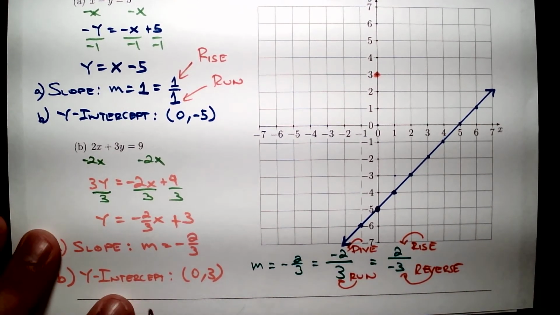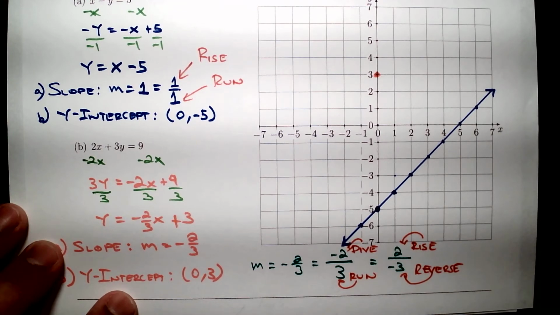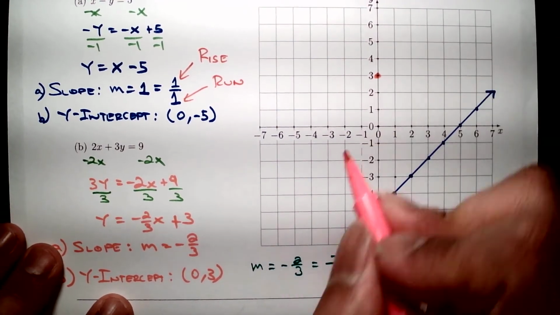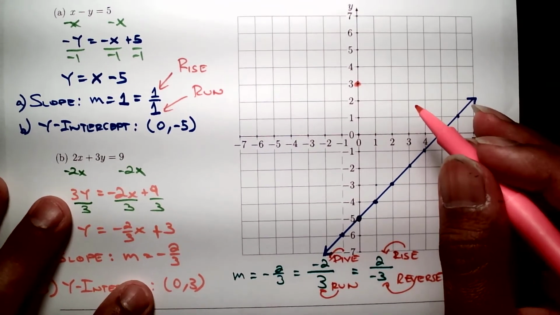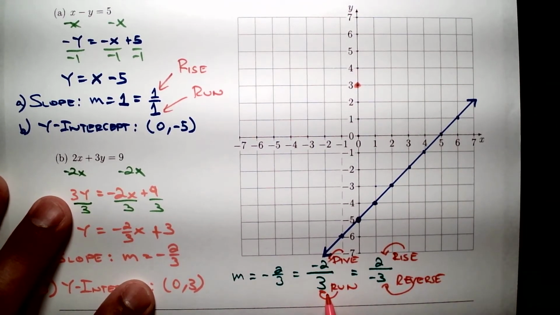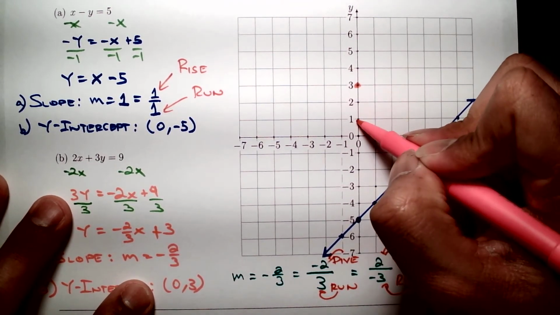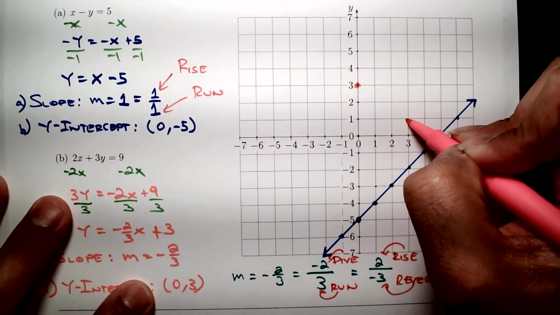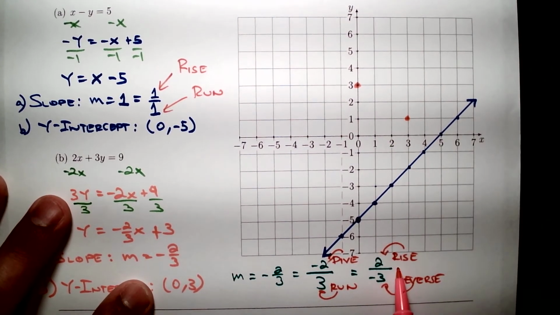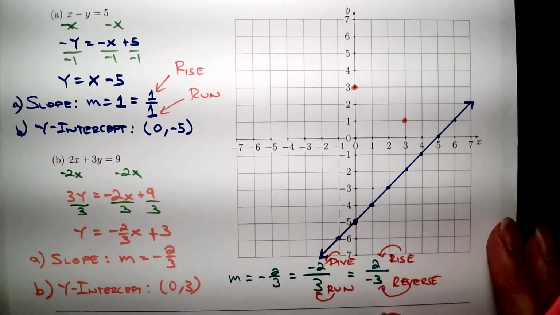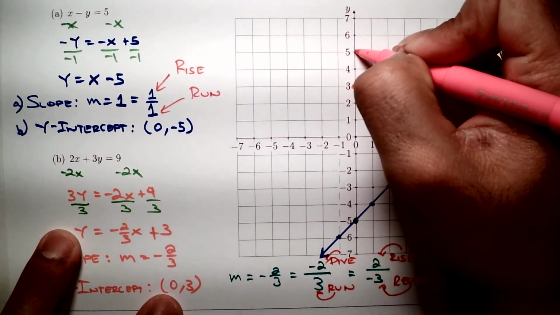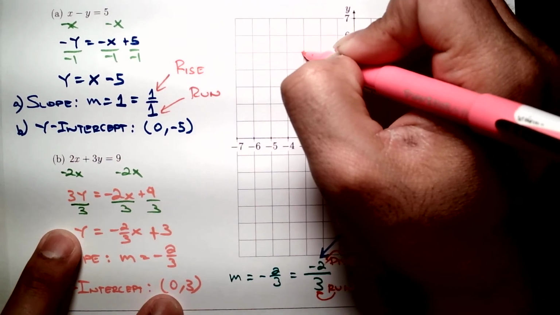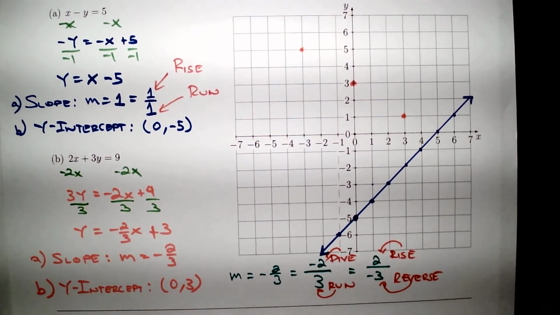First, let's go to the point 0, 3. From there, I'm going to go down 2 units and then run 3 units. Or I'm going to go 2 units up and 3 units back.